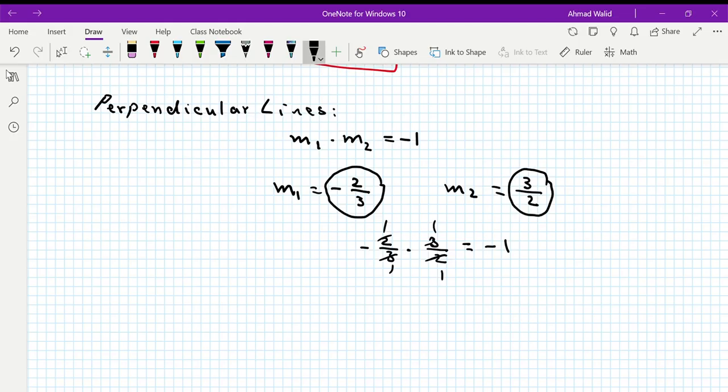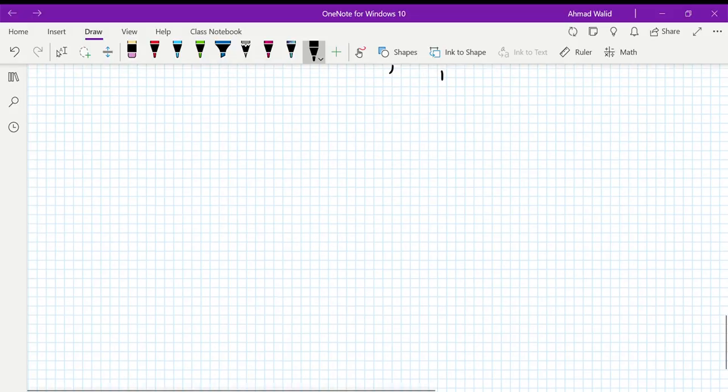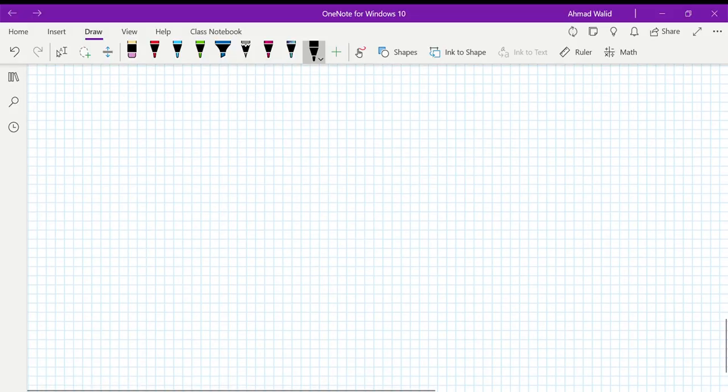Now, if I know this, I can do the same practice that I did with parallel lines. I can write the equation of a perpendicular line.